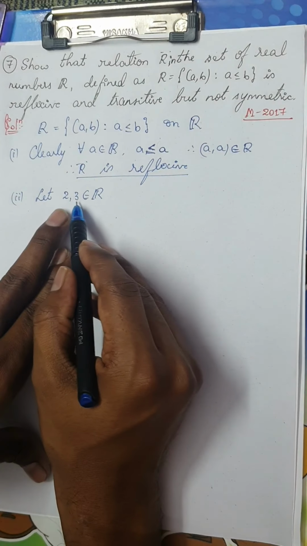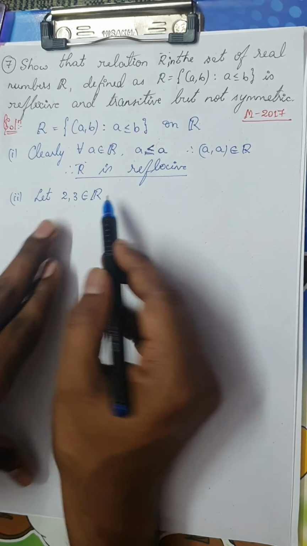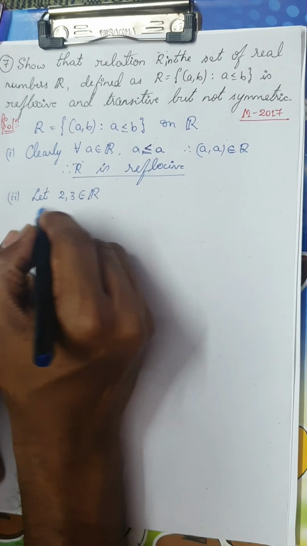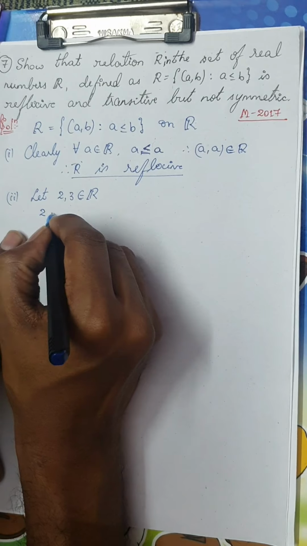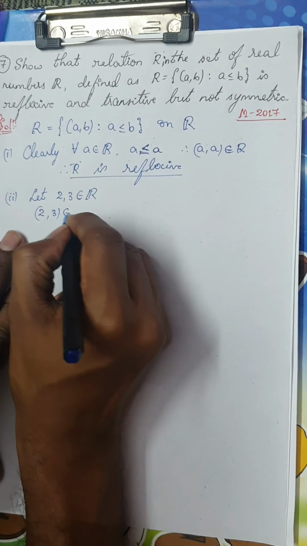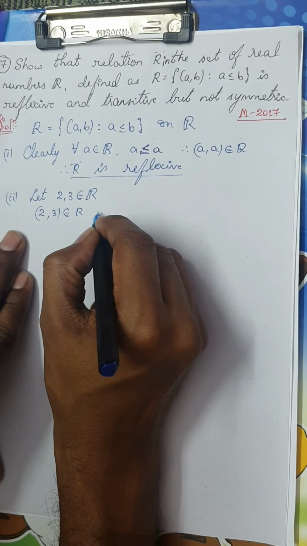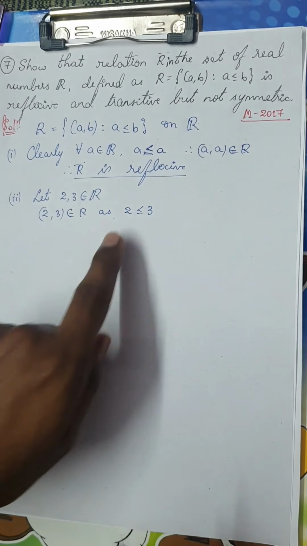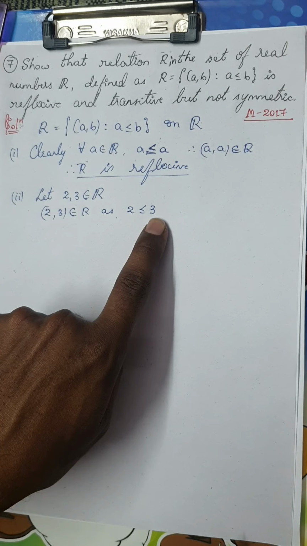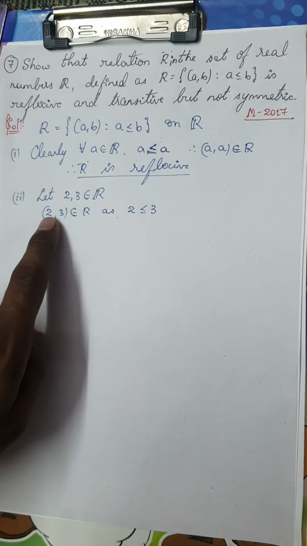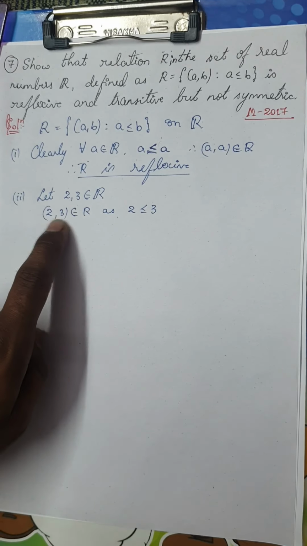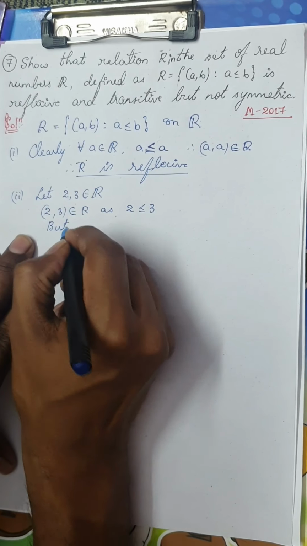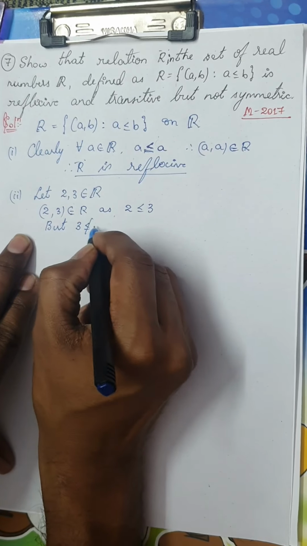Okay, let (2, 3) belong to R. Now you can see here (2, 3) will belong to R because 2 is less than or equal to 3. Definitely 2 is less than or equal to 3, isn't it? So 2 is less than or equal to 3, but 3 is not less than or equal to 2.